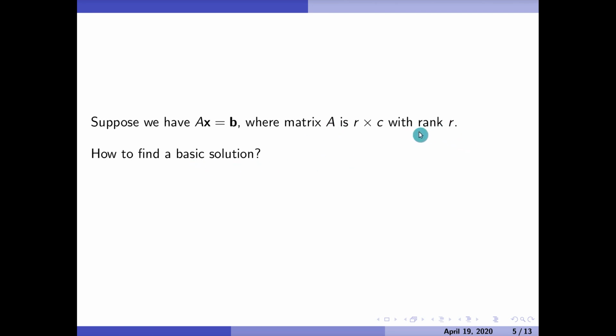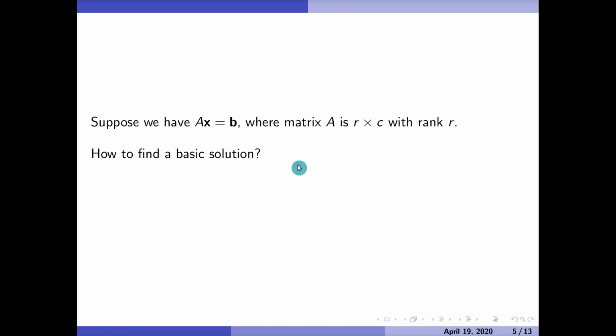Well, we select C minus R variables to be our non-basic variables. We set those to 0, so you could actually just remove those columns from the matrix. That would give you an R by R matrix A that is invertible, and so then you could solve this for X, and that gives you your basic solution.